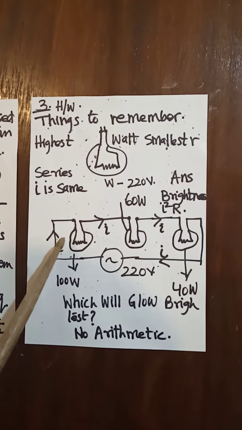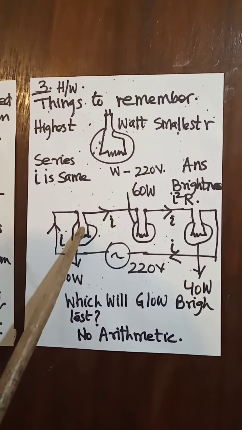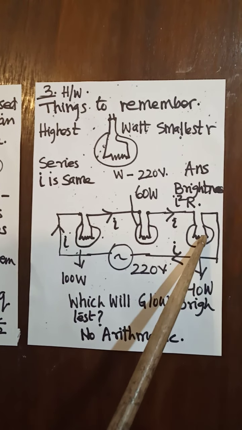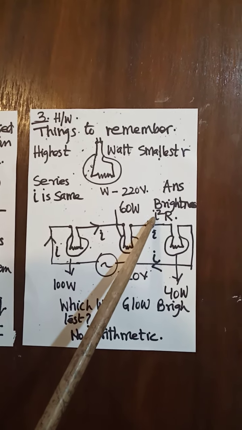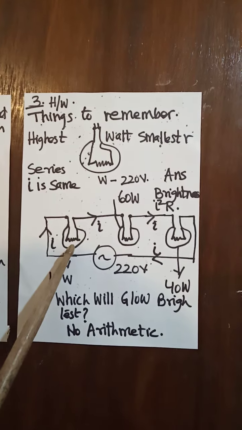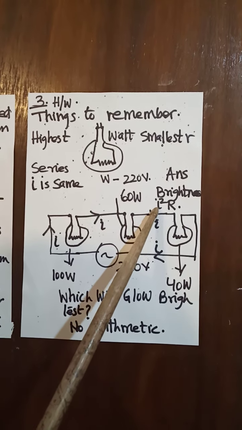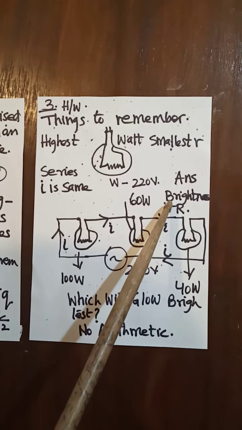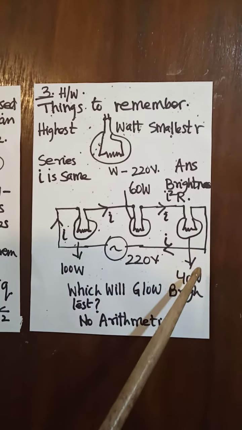And now what is I? I will be same throughout. I through this, I through this, I through this will be same. So what is brightness? Brightness is I square R. So I is same for 100, for 60 and 40. So I square into R. The brightest will be what?